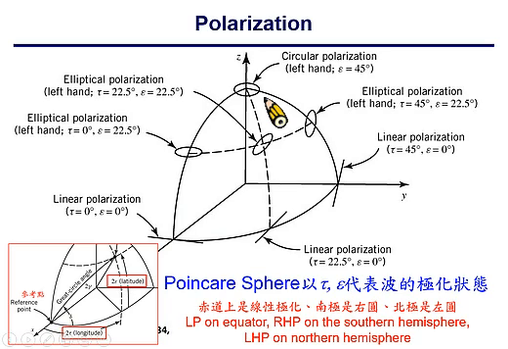But for Poincare sphere, theta equal to 0 equal to 45 degree, 180 degree.